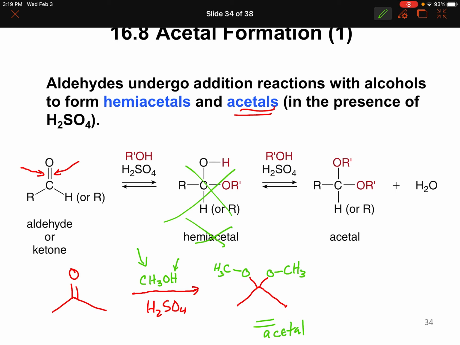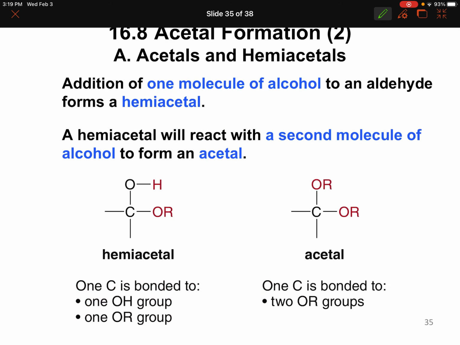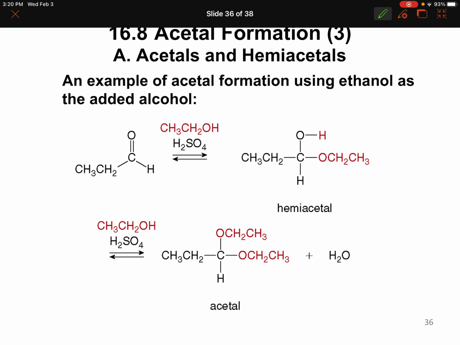Don't worry about hemiacetals at all, because other than some very specific cases, we're never going to stop at adding just one alcohol. We're going to add two of them to make the acetal. So here you can see an example with an aldehyde where we add ethanol to that aldehyde, a 2-carbon alcohol right here.